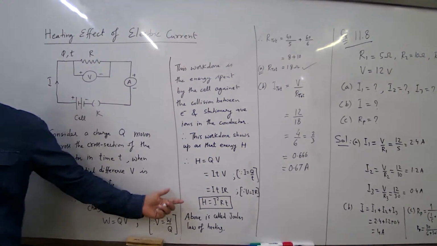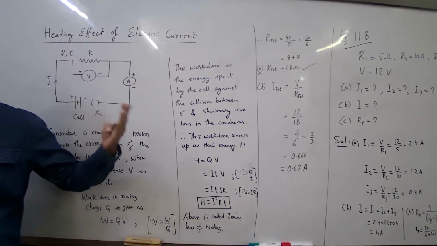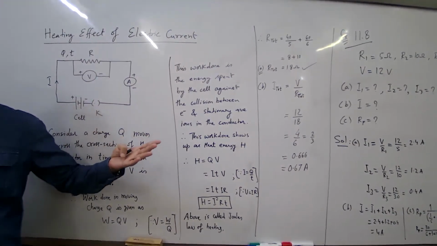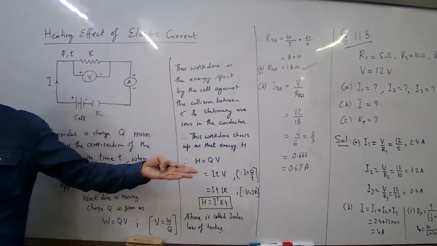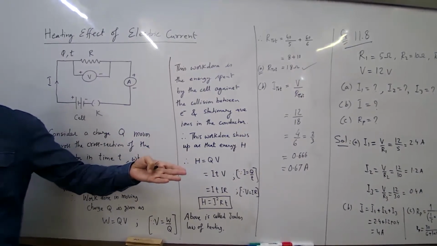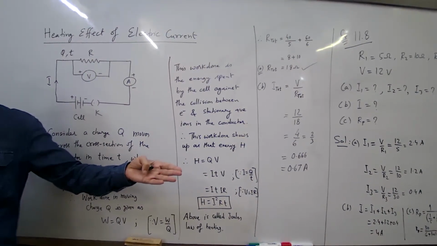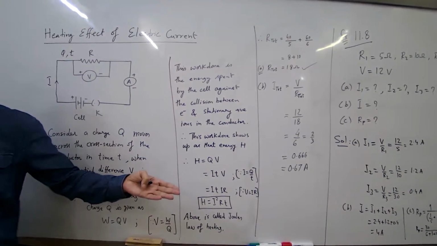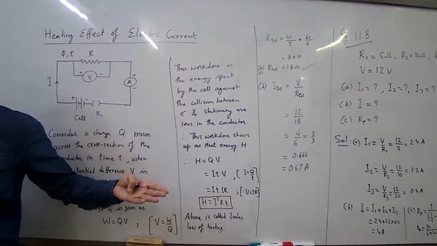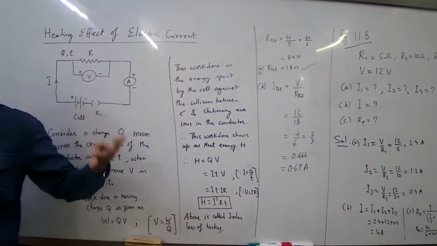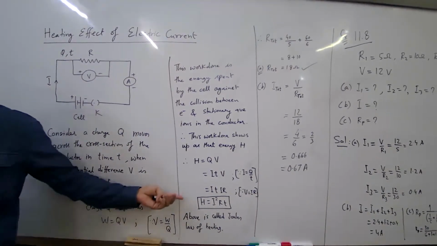So work and energy are two faces of the same coin. Energy spent is work. That is how you have to understand it. Will you be able to do any work without energy? No. So whatever work you are doing, you are actually spending an equal amount of energy. So both have the same units.